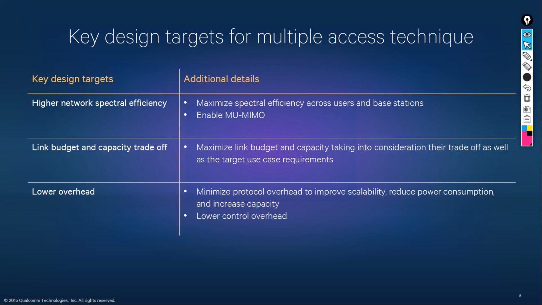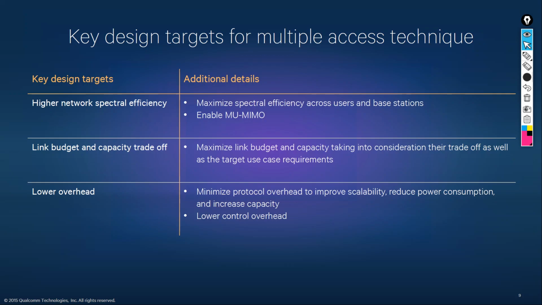Higher network spectral efficiency. Maximize spectral efficiency across users and base station. Enable multi-user MIMO. Even for the cases when you have more users than the resources you have, what do you do? You need to come up with techniques, with ways to accommodate those users, because you don't have enough resources.